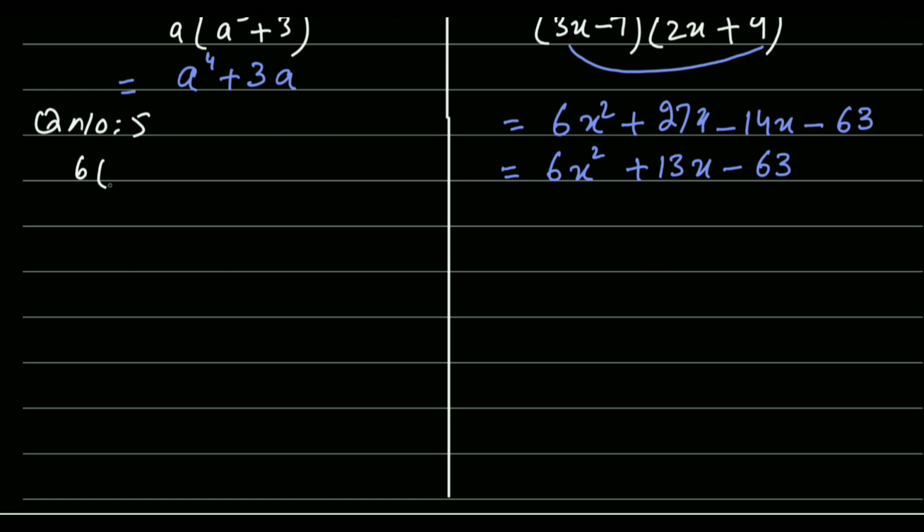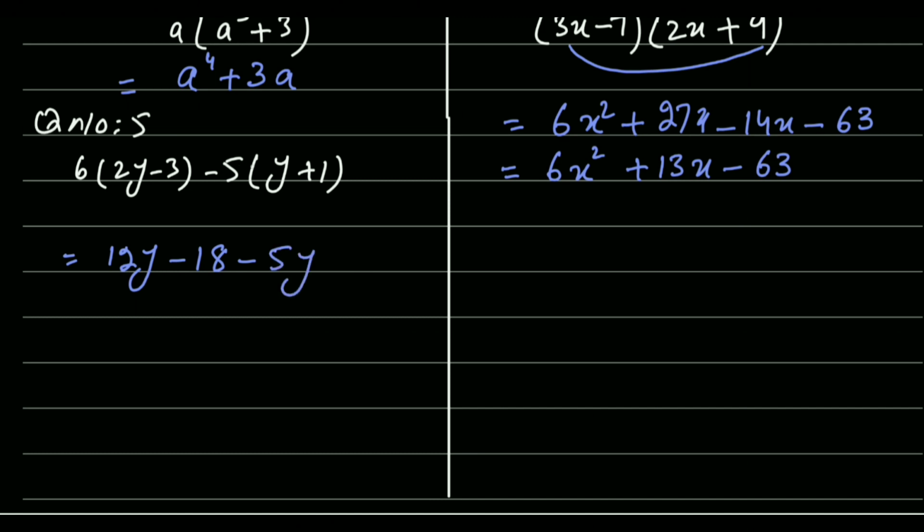Question is 6(2y - 3) - (5y + 1). So this is the question. What we have to do here? 6 will be multiplied with 2y and 6 will be multiplied with 3. 6 2s are 12y, minus 6 3s are 18, minus 5 will be multiplied with y and 5 will be multiplied with 1.